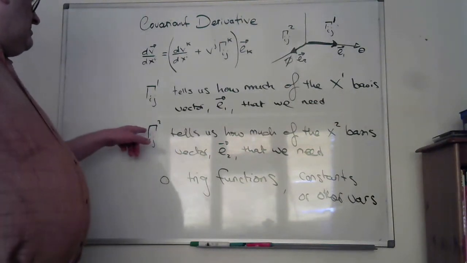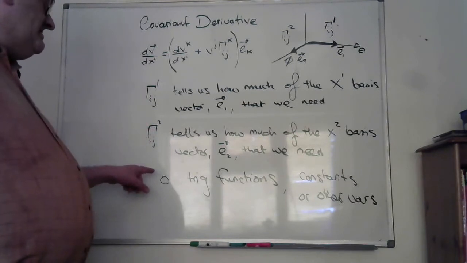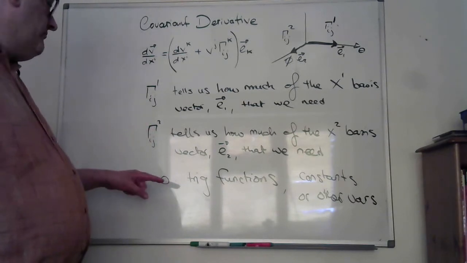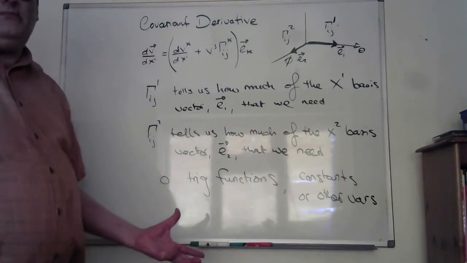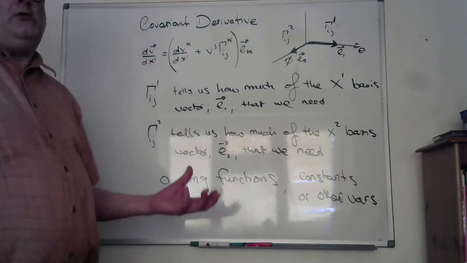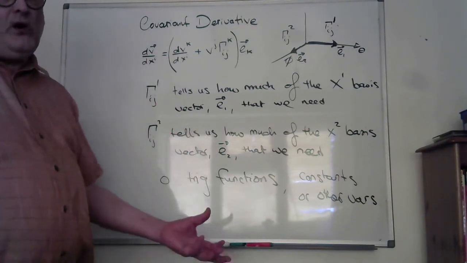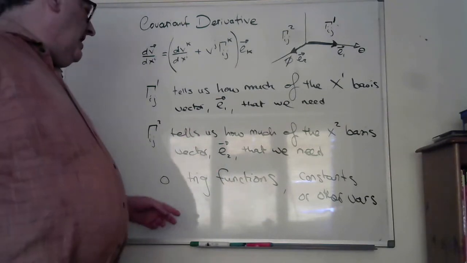So gamma, the Christoffel symbol, might be zero for a lot of them. You remember the 8 that I wrote up there? There's about 5 of them that are zero and 3 that are not. And the 3 that are not are all trig functions for the example we're going to do anyway, or for the theory we're going to do.